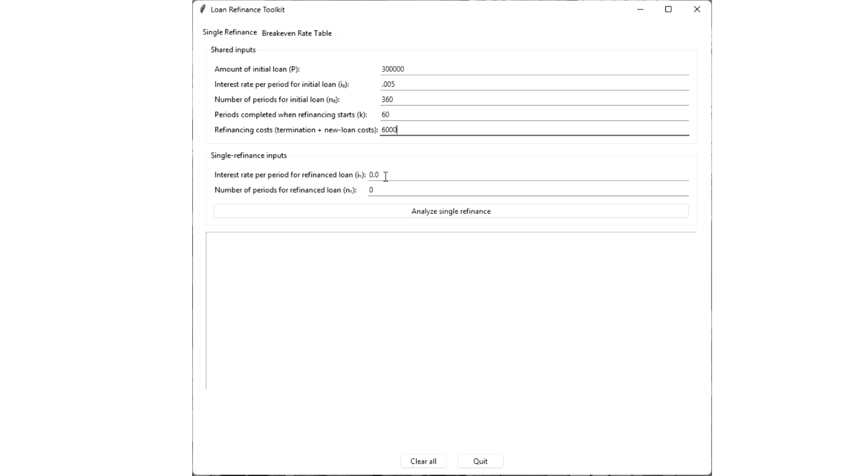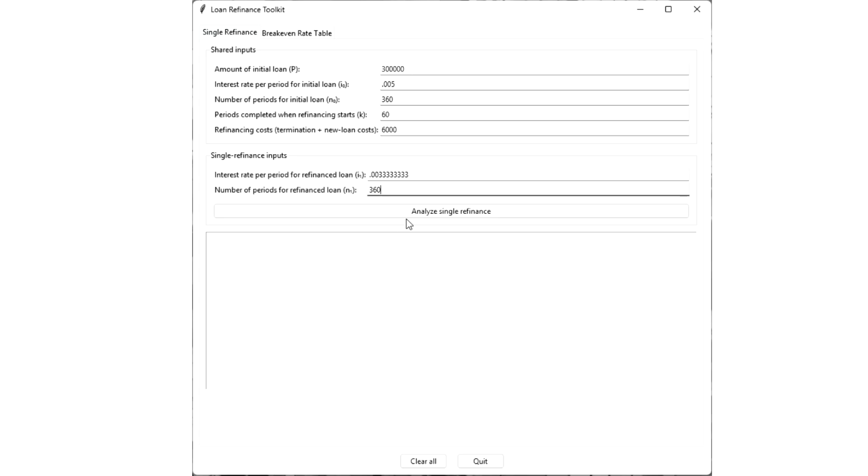Then we want to put in the new interest rate. And remember the caution I gave you about using a lot of decimal places. So I'm going to use 8 threes here. And then the new loan is also 360 periods, months basically.